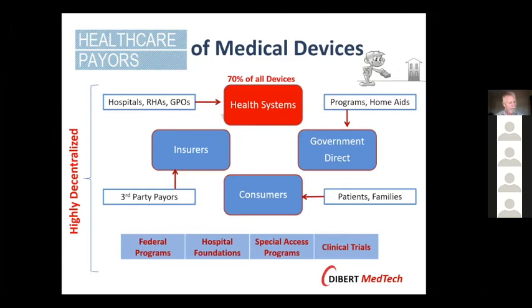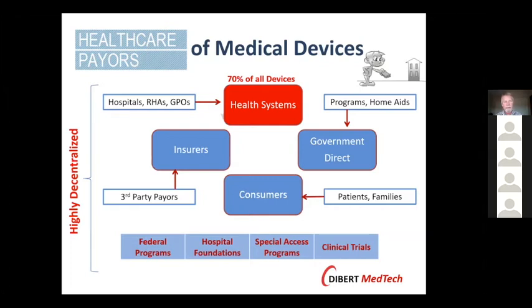Special access program. Now that's a program that Health Canada has, and it's sort of part 2 of that interim order I've mentioned. If a physician has a patient that she feels would benefit from a device that's not available in the Canadian marketplace, they can apply to Health Canada for special access. And it's a very fast turnaround because sometimes it's urgent.